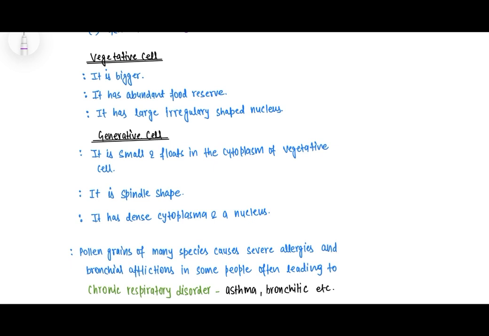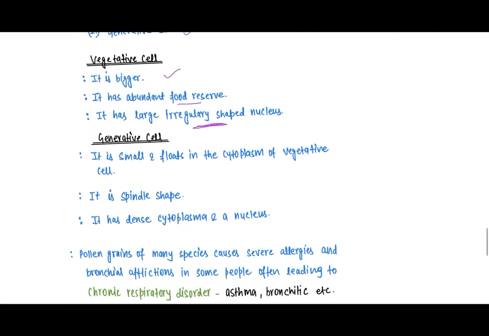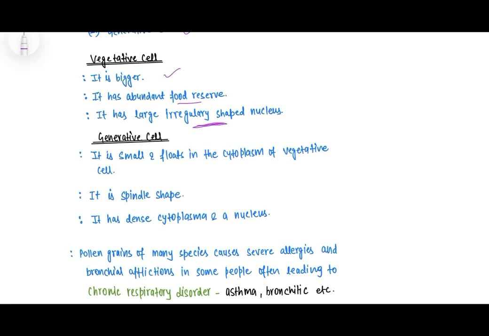Vegetative cell is bigger, it has abundant food reserve, it has large irregular shaped nucleus. You can see here vegetative cell. You can refer the diagram here.